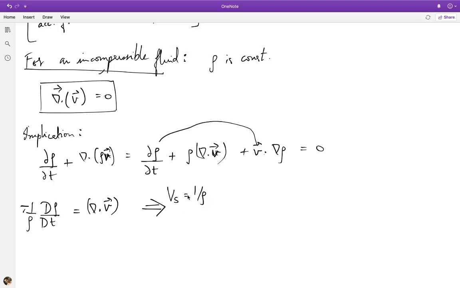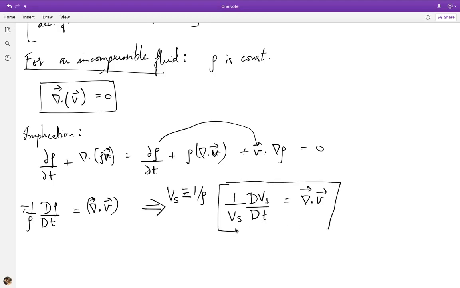If I define this quantity, I can rewrite this version of the continuity equation as 1 over Vs times the material derivative of Vs is simply the divergence of V, where the negative sign is lost because Vs is 1 over rho. So this is also the general equation of continuity for a compressible fluid.